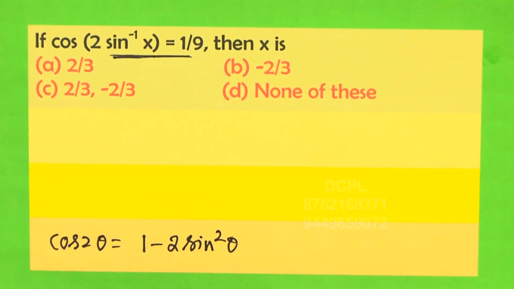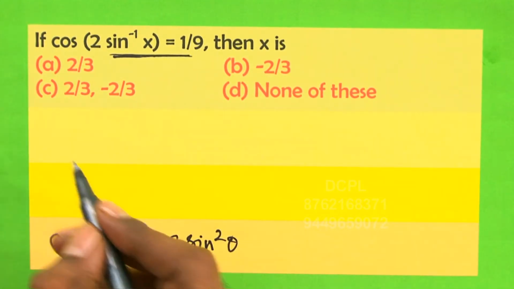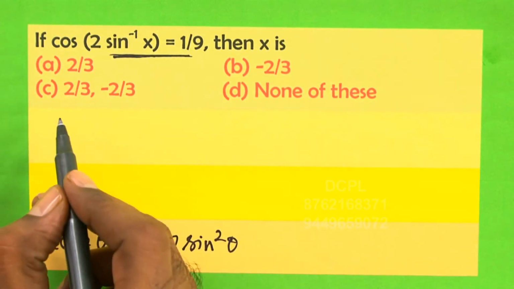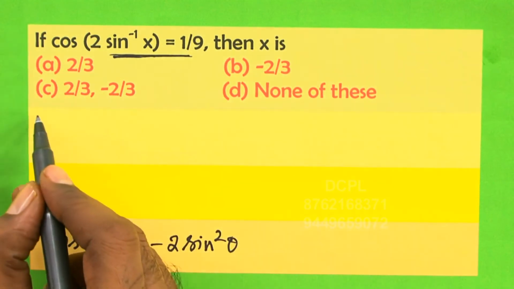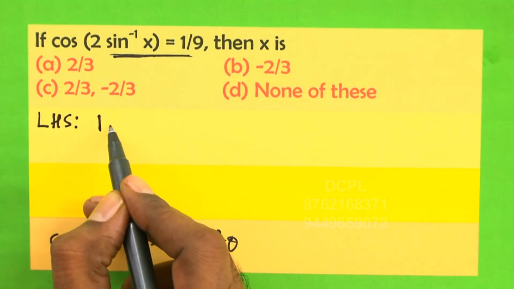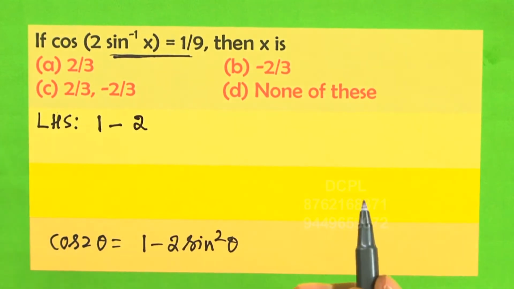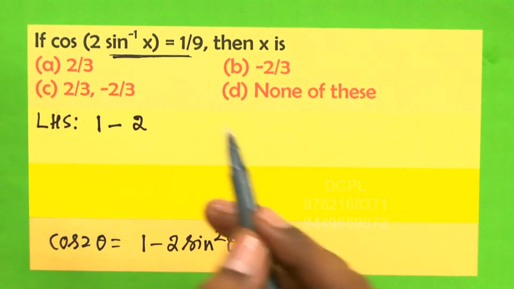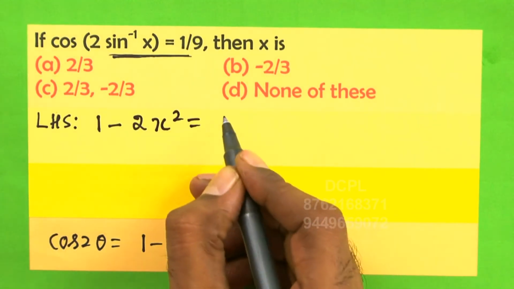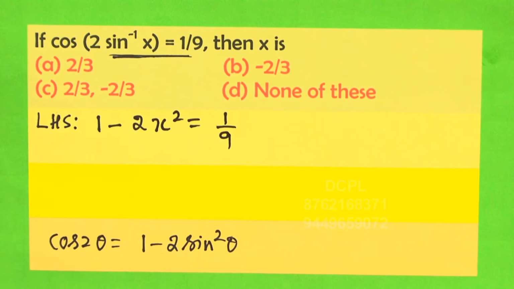Is that correct? So, you can write this as cos of 2 sin inverse of x. You can write that as, right? So, the left hand side, we can write this as 1 minus 2 sin square of sin inverse of x. 1 minus 2x square is equal to 1 by 9.